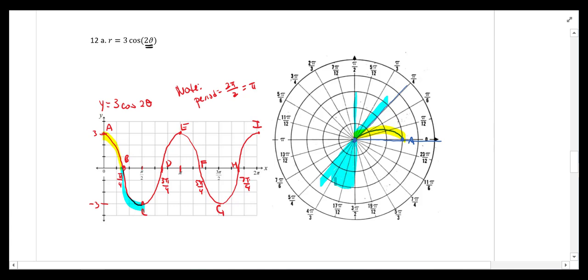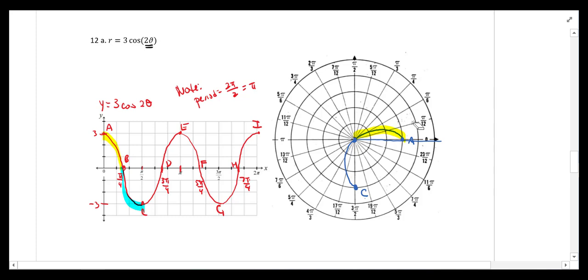And it goes from 0 to -3. So at pi over 2, the answer is -3. So really, point C is down here. And to get to that position, we had to go like this. Let me just erase all my highlighting to make it nicer. So that's what we got.